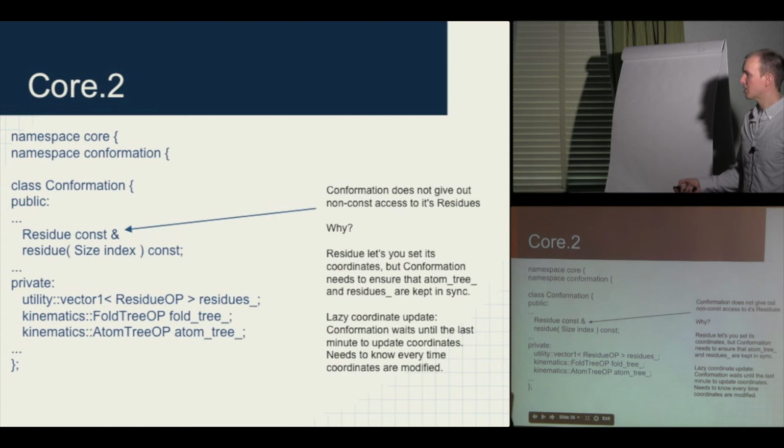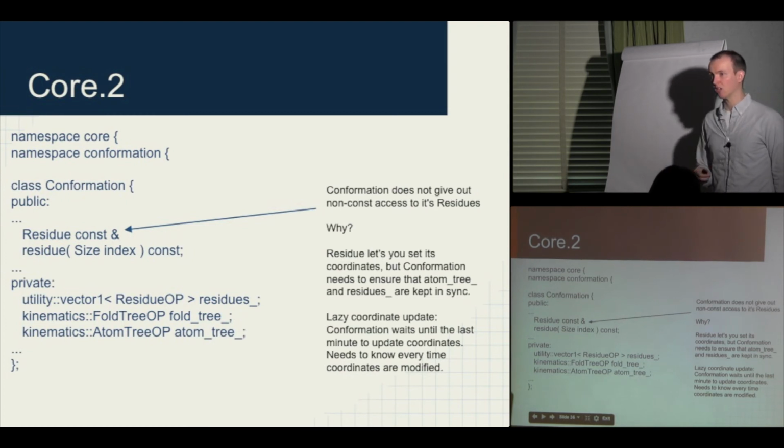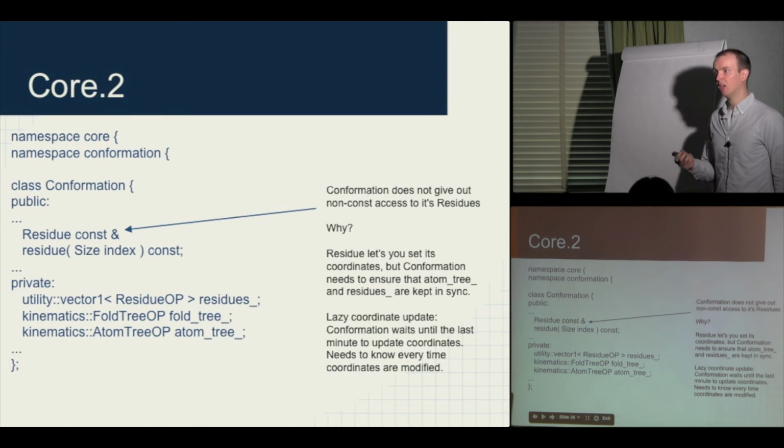And this allows us to have this lazy coordinate update algorithm where what you do is you say set doff, set doff, set doff, like say for all the doffs in the pose, and it doesn't go and recompute the Euclidean coordinates each time. It waits until the first time you ask for the coordinates.